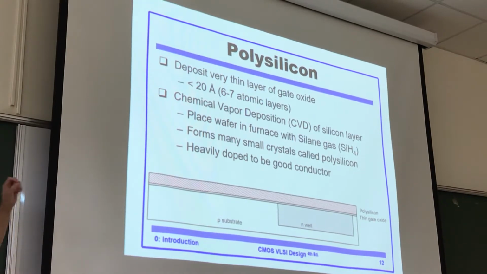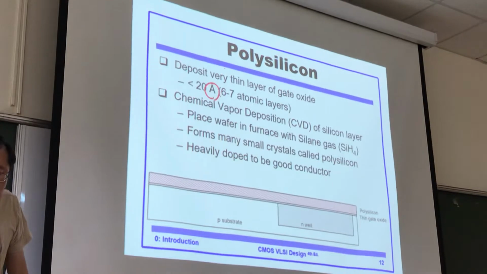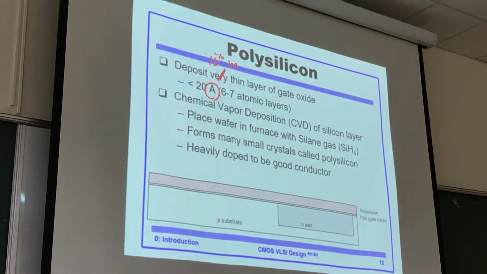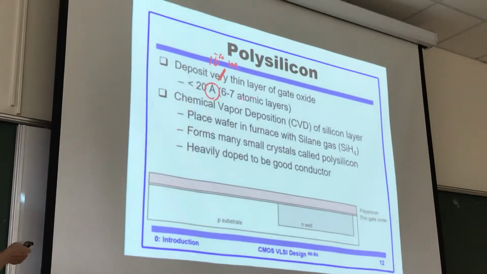Otherwise, you cannot get a good capacitor for a transistor. Less than 20 angstrom. What's the unit for angstrom? 10 to the minus 10 meters, okay? Very, very thin. It's about 6 or 7 atomic layers.